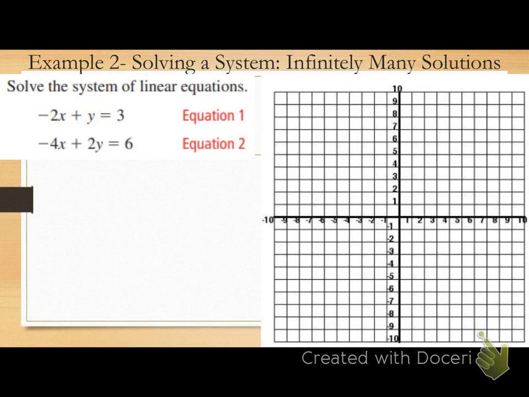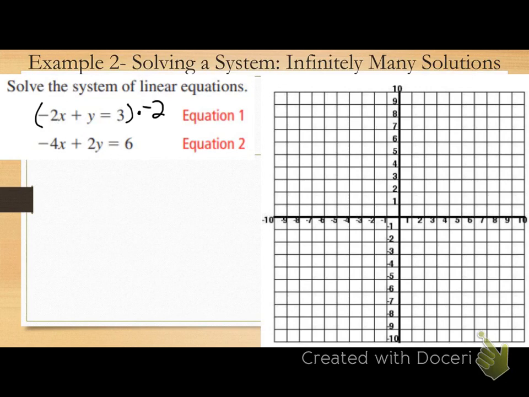Let's try eliminating y. So in front of y, we've got positive 1 and positive 2. Can I multiply the top by anything to get 1 to 2? Yeah, what can I multiply by? 2. Very good. Negative 2. They have same sign right now. So I need to make it a negative 2 so they'll be opposite signs when I multiply through. Any questions about that?